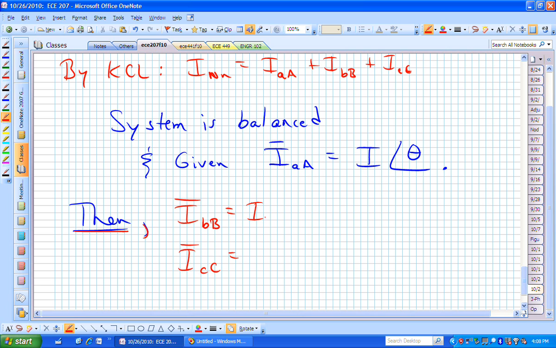So this is now the same magnitude, isn't it? We know they're going to have the same magnitude since it's a balanced system, and this is 120 degrees behind the A phase line current, and the C phase is 120 degrees ahead of that theta angle, and the theta is going to be influenced by the impedance of the load.